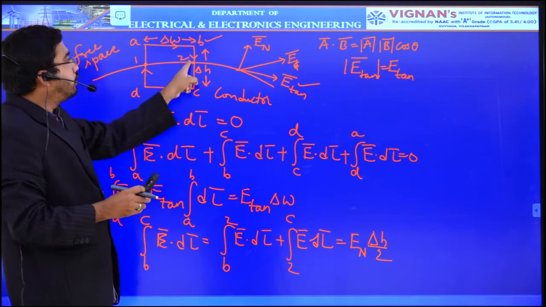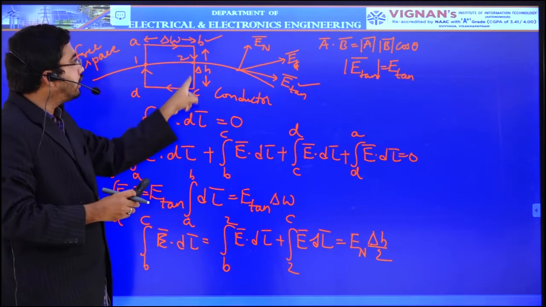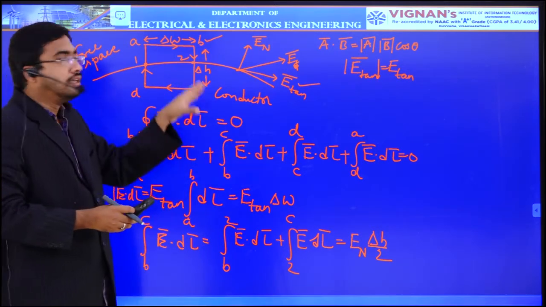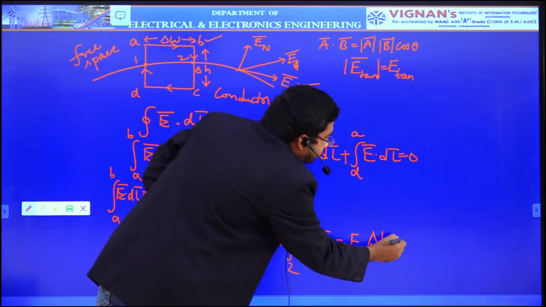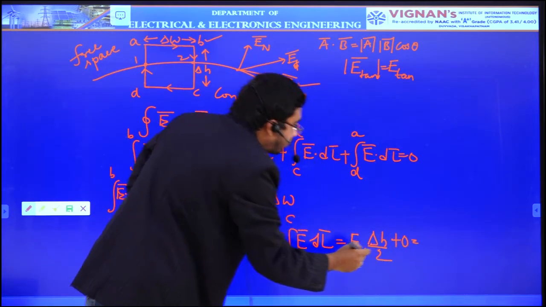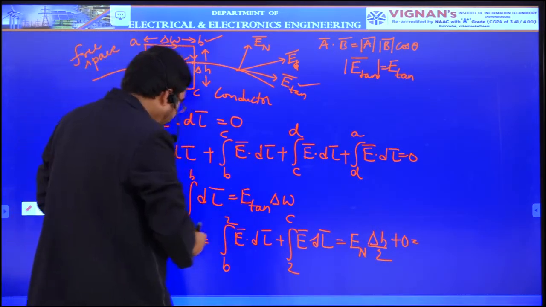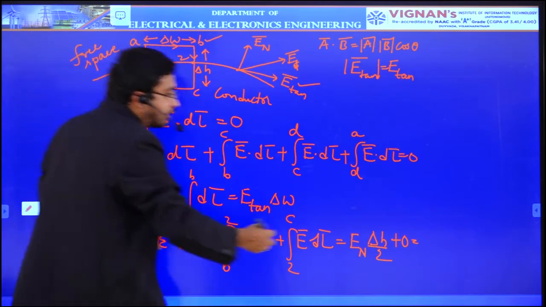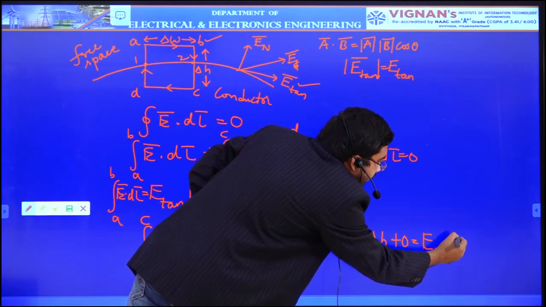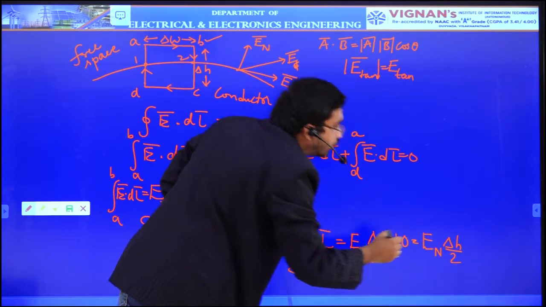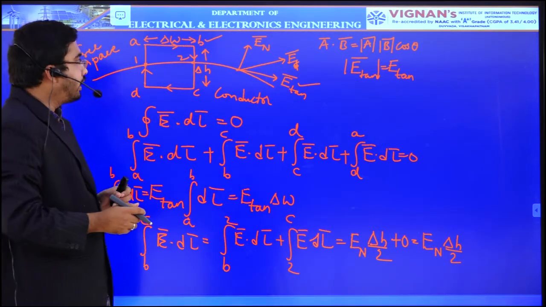And what about from 2 to C? 2 to C, that is inside the conductor. Inside the conductor, the E bar value is 0. That is our assumption. So, plus 0. So your integral B to C value is En into delta h by 2.